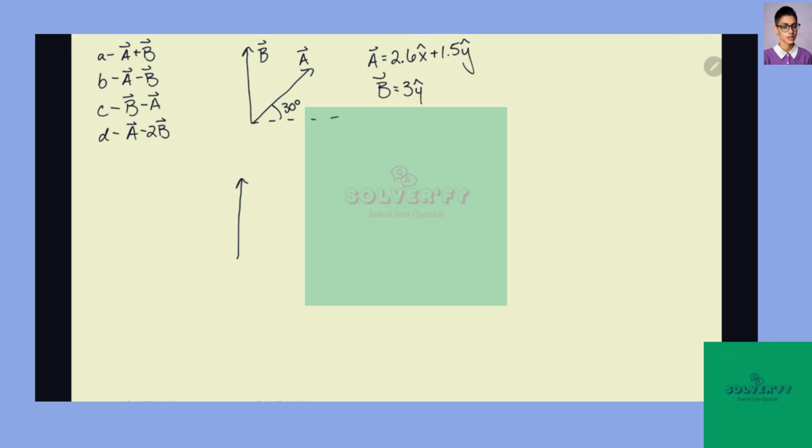And then we're going to flip the direction of vector A and attach it to the head of vector B. So vector A goes this way, vector negative A will go that way. So that means our resulting vector is going to look something like that.